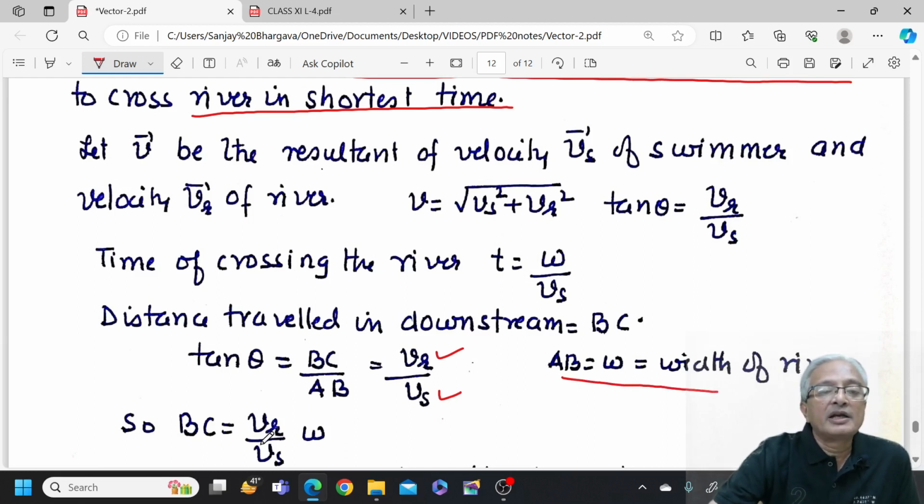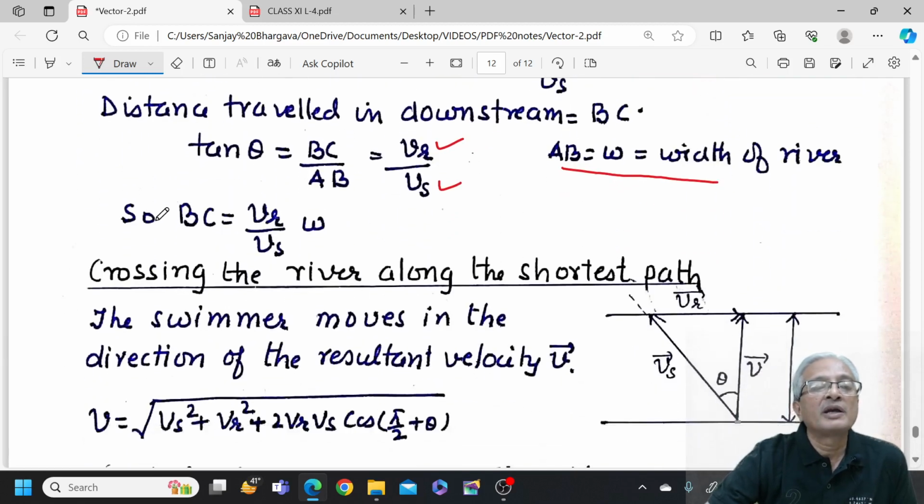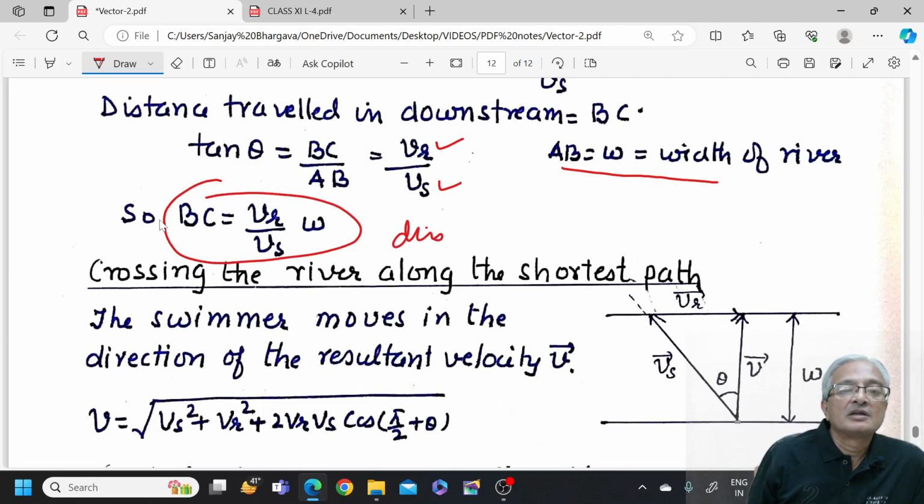So I can write BC as Vr into Vs into AB, and AB is W. So the distance that is travelled downstream is given by this relation. So remember this relation also. It is distance travelled in downstream.